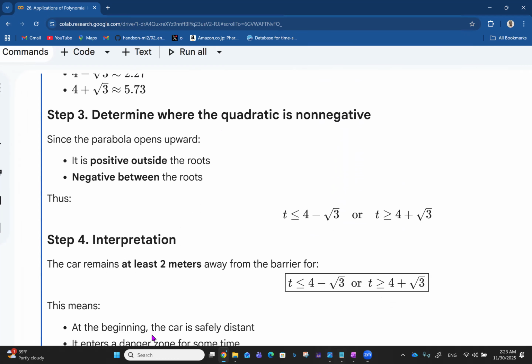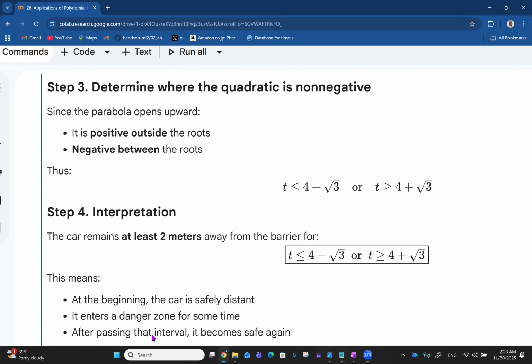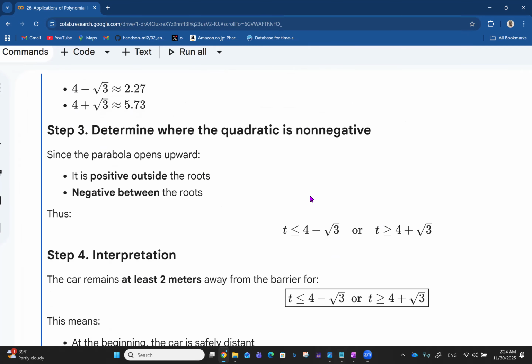Okay, so we can then determine where the quadratic is non-negative. Since the parabola opens upward, right, it is positive outside the roots and negative between the roots. So in that case, t is less than or equal to 4 minus root 3 or t is greater than or equal to 4 plus root 3.